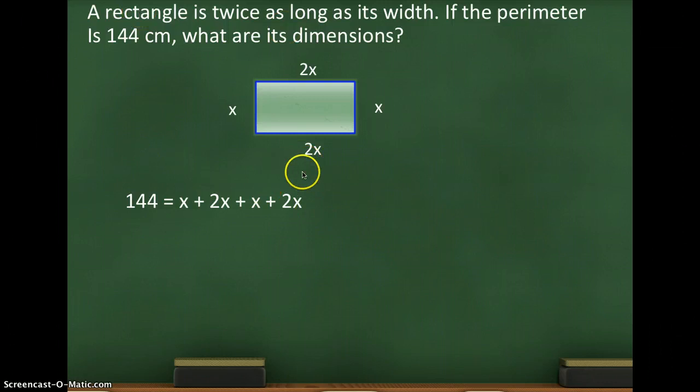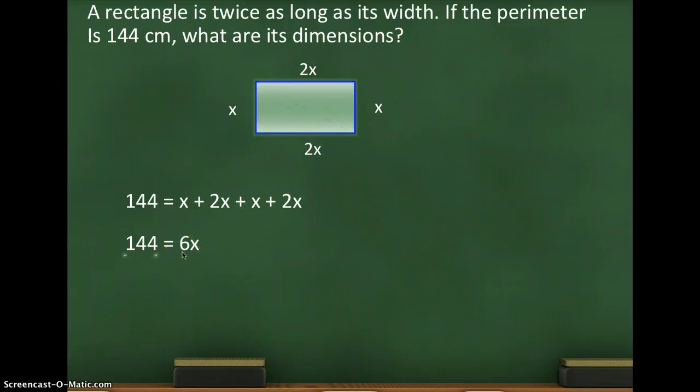Now, step 3 is to solve the problem. We start solving the problem by combining like terms. So all these terms are like terms. So it's like 1x plus 2x plus 1x plus 2x, which will give us 6x. Now we have here a one-step equation, 6 times x. We can solve this by undoing the multiplication using division.